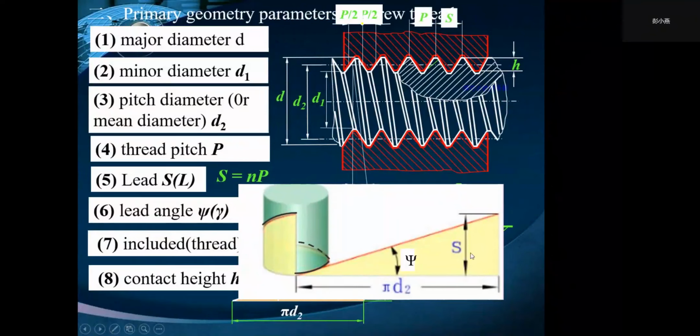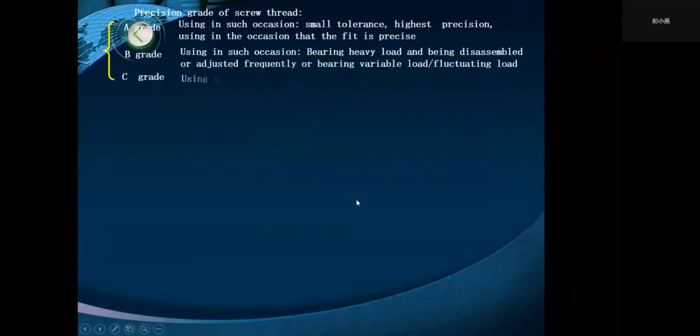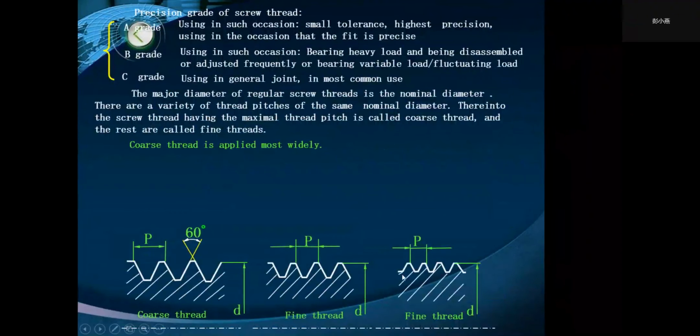For fine threads, the lead S is small because S is n times P. For fine thread, P is small, so the lead angle for fine thread is smaller than coarse thread.